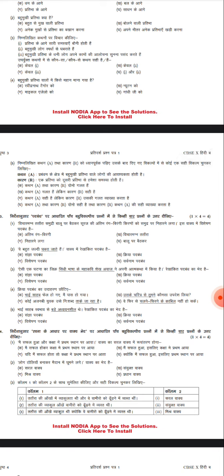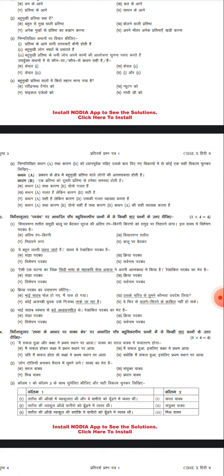You can see the first question. विचार मग्न तंतारा समुद्री बालू पर बैठकर सूरज की अंतिम रंग बिरंगी किरणों को समुद्र पर निहारने लगा. इस वाक्य में विशेषण पदबंध क्या है? In this you have to find out Visheshan Padbandh. Now what is Visheshan Padbandh? Where there is a describing word. There should be a describing word in the sentence. Which one is it?